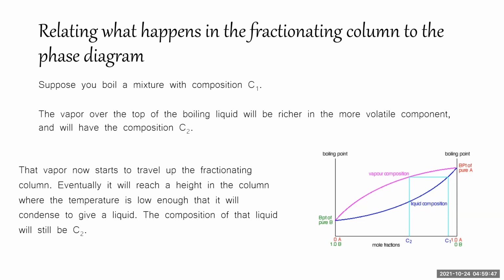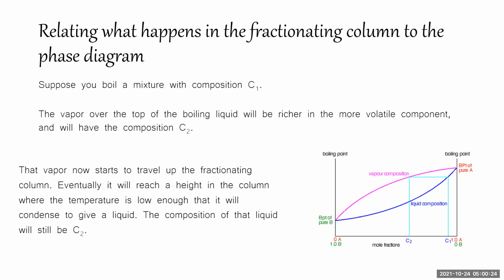So let's relate what's actually happening in the fractionating column to the phase diagram. Suppose you boil a mixture with composition C1. So we're boiling at a certain temperature. The vapor over top of the boiling liquid will be more enriched in the more volatile component, and will have composition C2. That vapor starts traveling up the column. Eventually, it will reach a height in the column where the temperature is low enough that it will condense to reform a liquid.